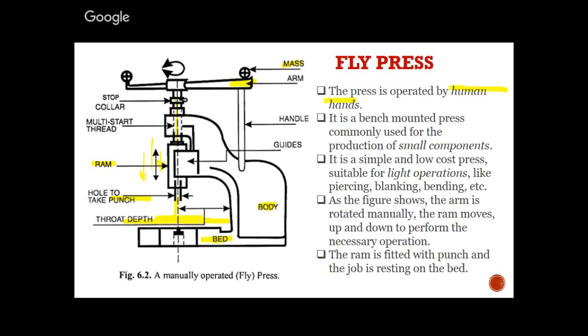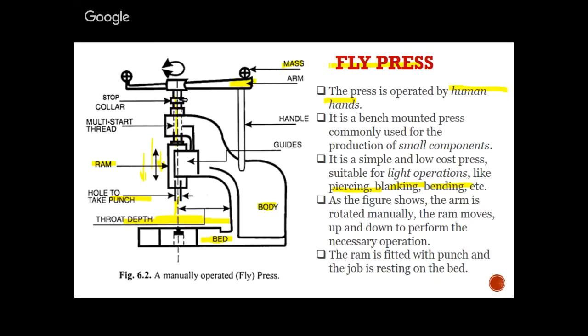That is the operation done by using this fly press. It is a simple, low-cost press suitable for light operations. For example, I can easily say that for sheet metal operations, that is piercing, blanking and bending, they use this fly press.